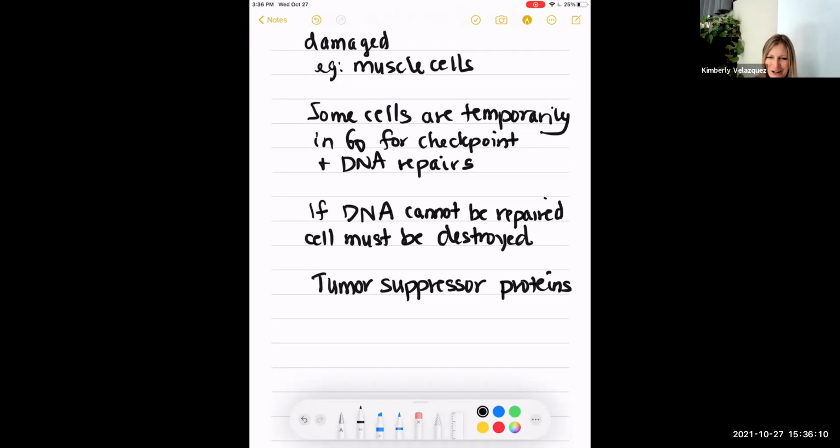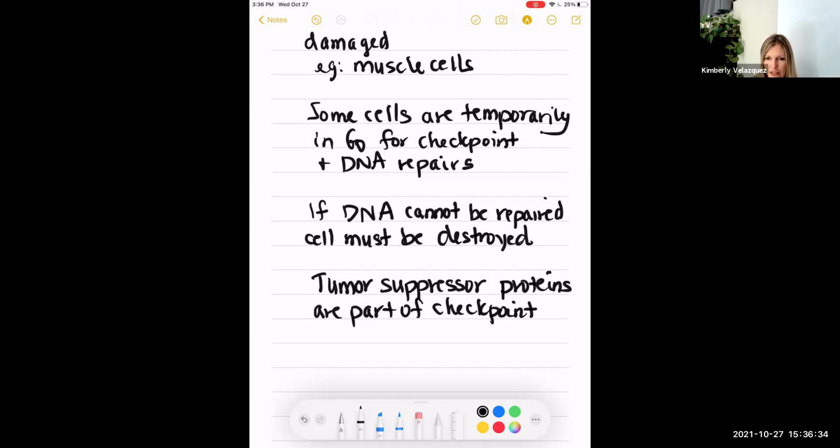Sorry. Tumor suppressor proteins are part of the checkpoint, and they're going to signal the immune system to destroy that cell. That's why they're called tumor suppressor. They're keeping malignant tumors, cancerous tumors, from developing.